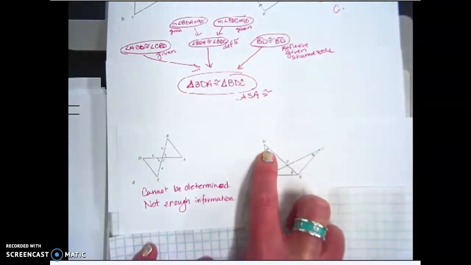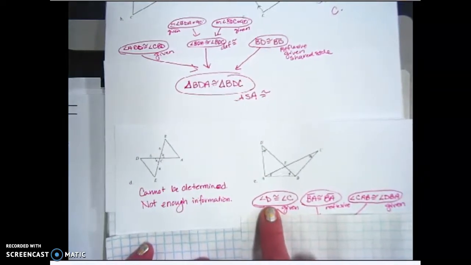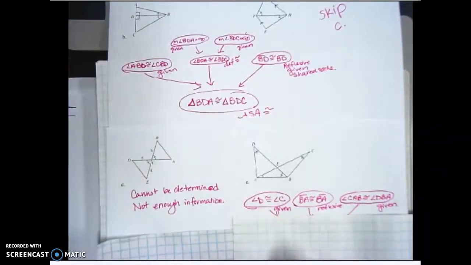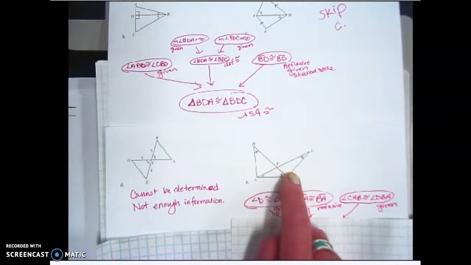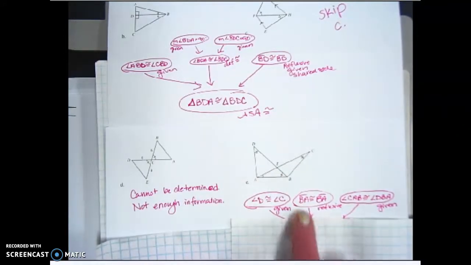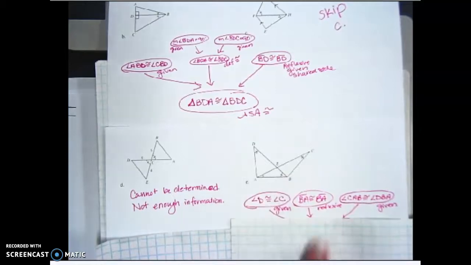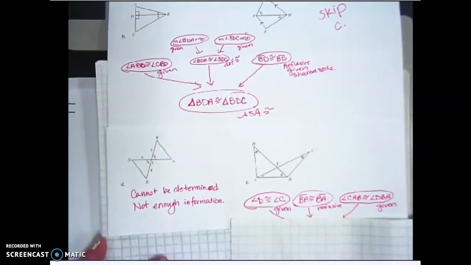That means that angle D is congruent to angle C, so that's the first thing I'm going to write down. Then I've got this shared side. Side AB is part of the triangle on the left, and it's part of the triangle on the right. So I'm going to say that BA is congruent to BA, given, but it's also the reflexive property, or you could say shared side, however you want to write it.